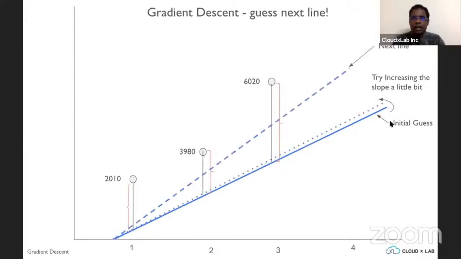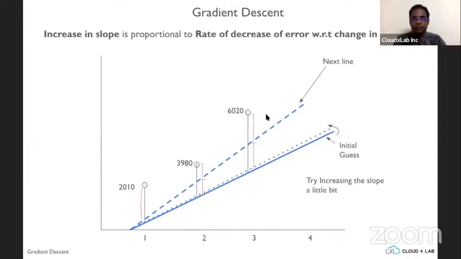If I change the slope slightly in this direction, is the error increasing or decreasing? If the error is decreasing when I take the slope in this direction, it would give you a next estimate where you take the slope more in this direction, and that's closer. So it would now have a next estimate.